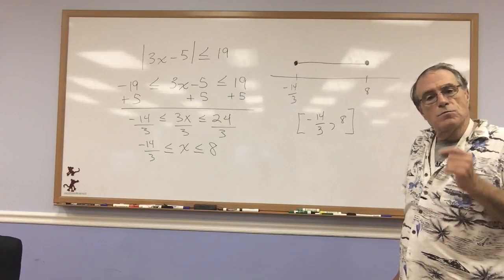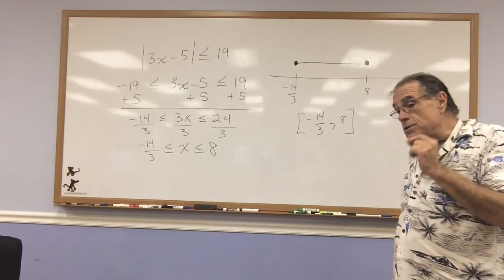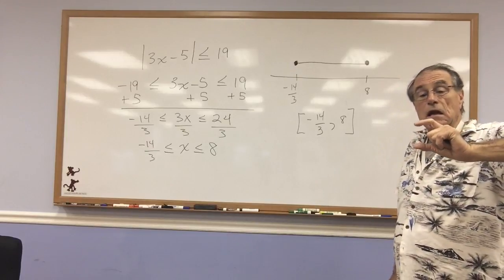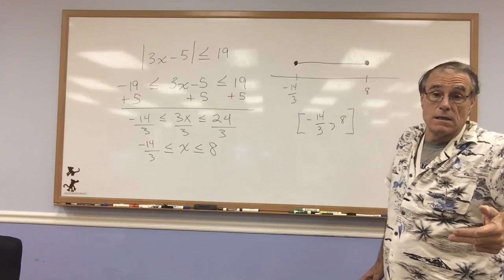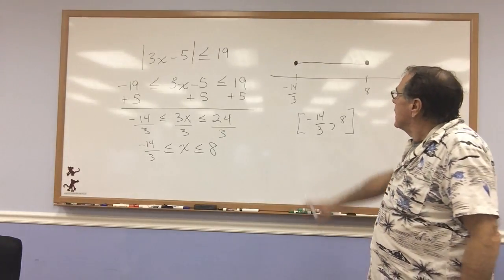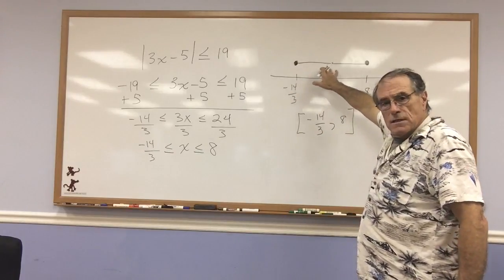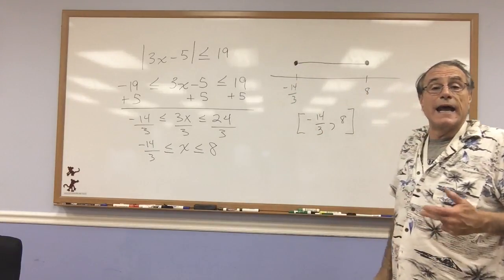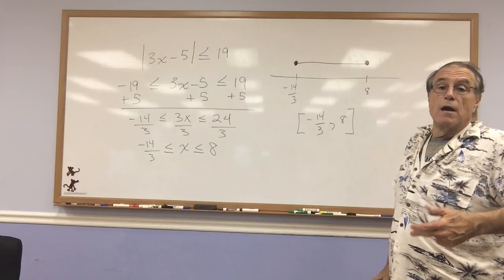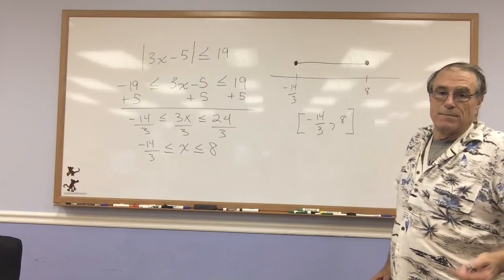If you're going to use brackets, you must make certain that in your writing they are clearly brackets and not thought to be parentheses. So as a safety, being a little old-fashioned, I prefer to stick with closed dots, open dots. I think it adds better clarity to the solution, less room for ambiguity and confusion.